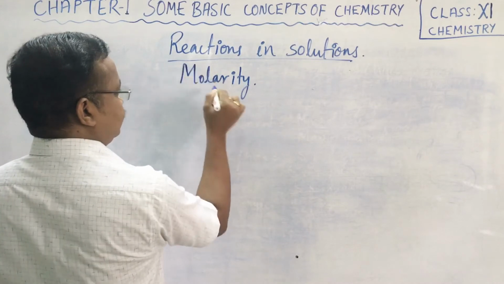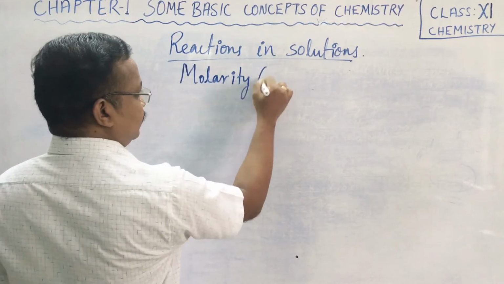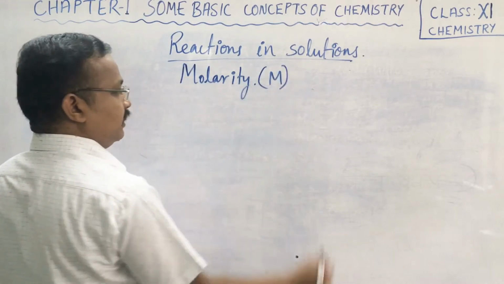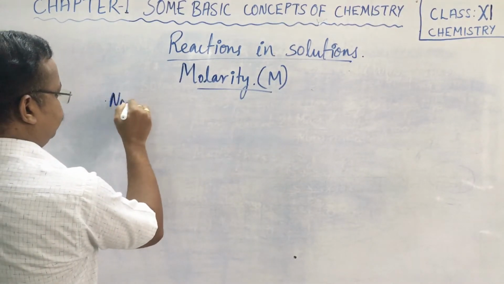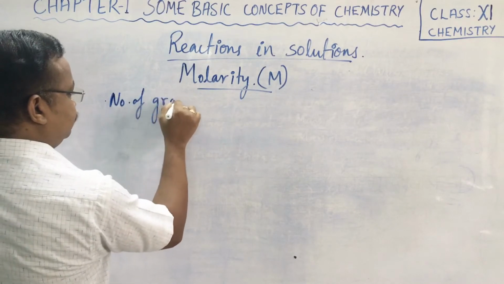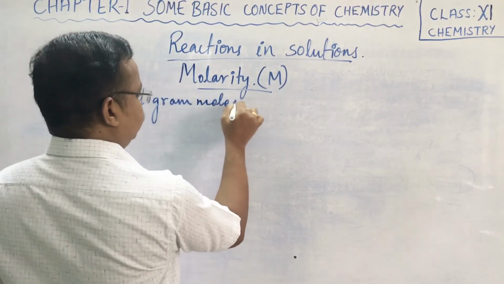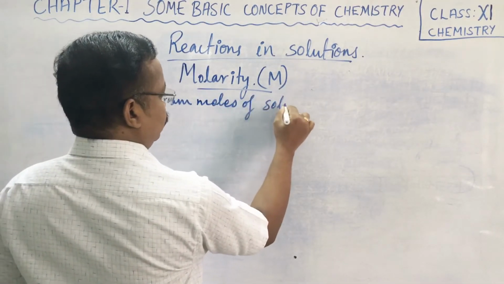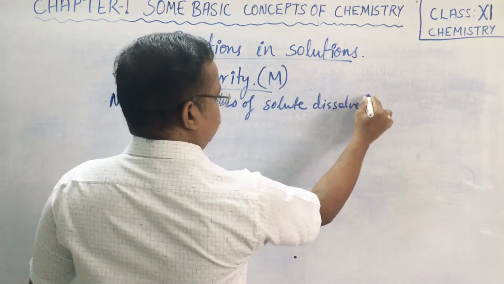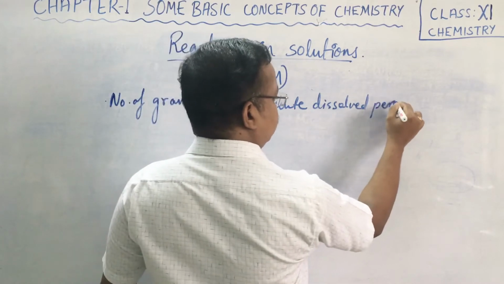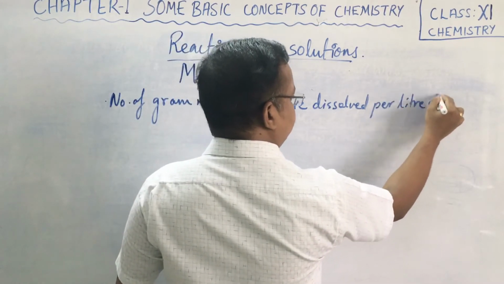This is molarity, expressed as a capital M. Molarity is defined as the number of gram moles of solute dissolved per liter of the solution.